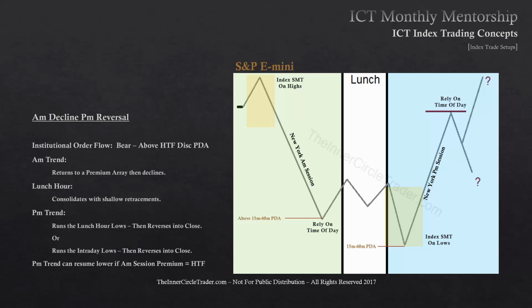So if that discount array in the afternoon forms at a 15 or 60-minute discount array, and it is also a nested higher time frame 4-hour or daily discount array, that further bolsters the idea that this is going to be a market reversal in the afternoon, and we can trade it accordingly.